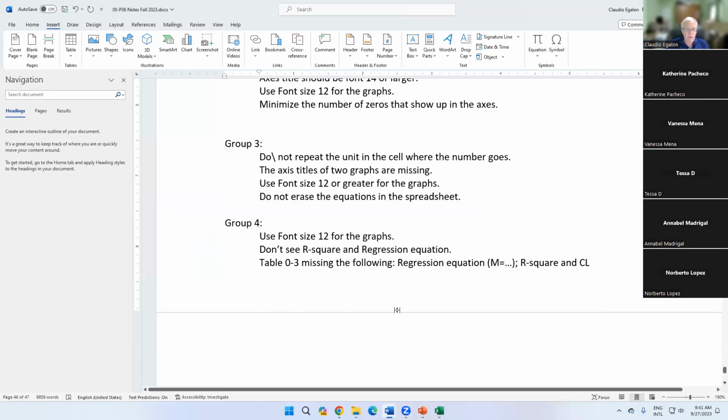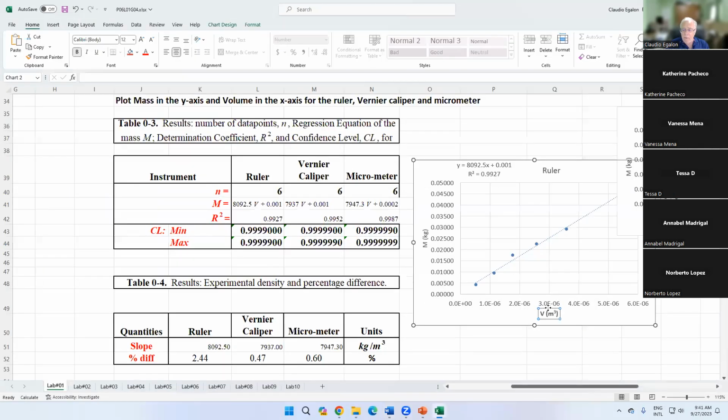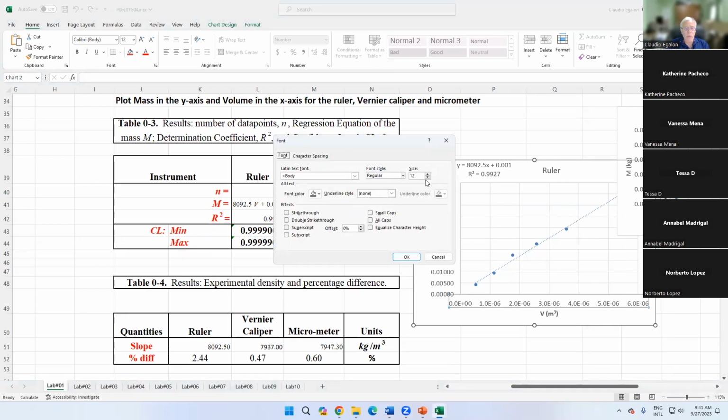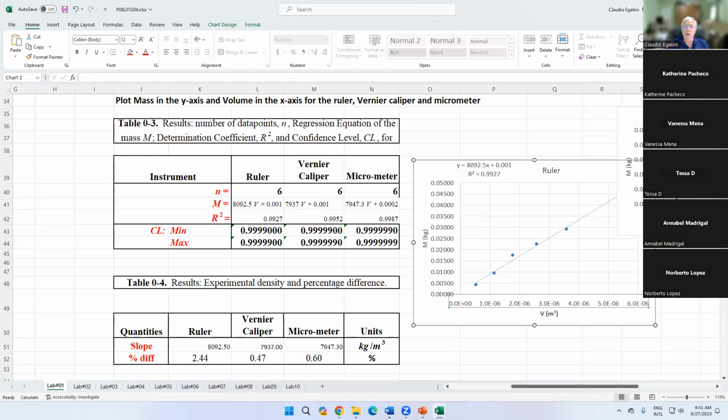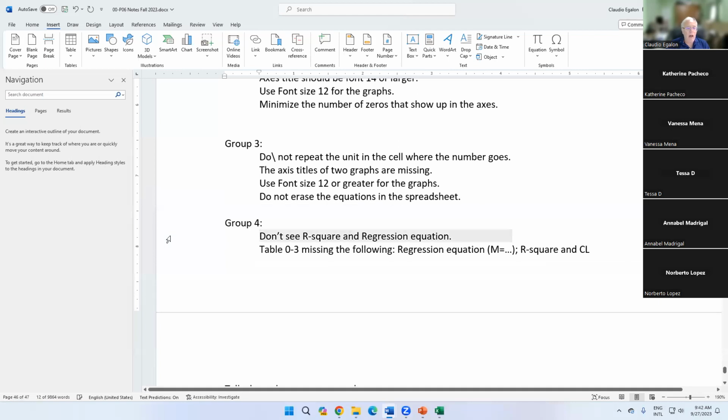Font size is 12 for the numbers, right? For the numbers in the graph, did you do that? Yeah, you did, right? Font 12, good. Font 12 or larger for the numbers in the graph. So that's not a problem.